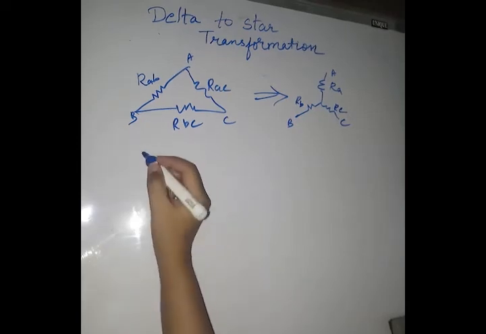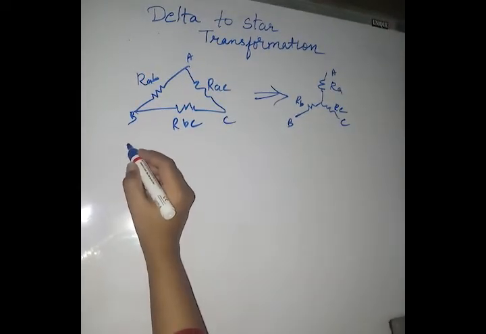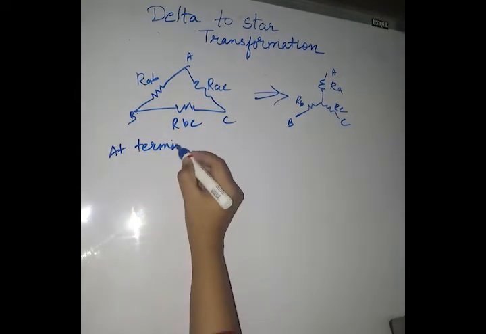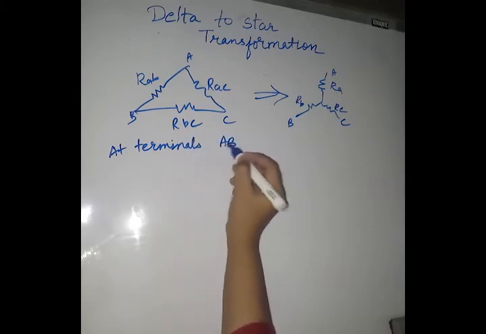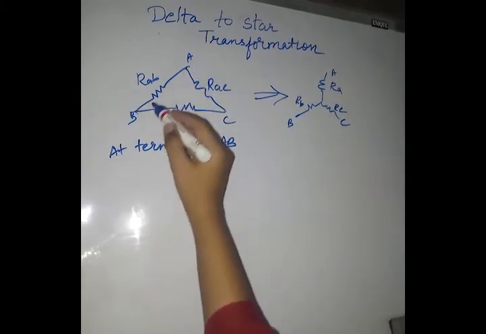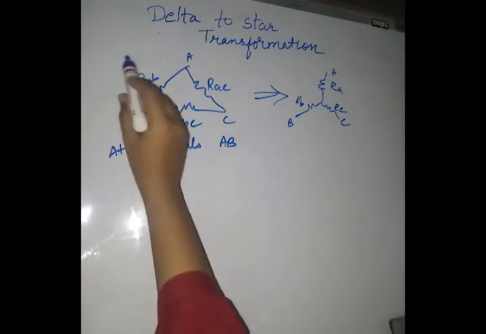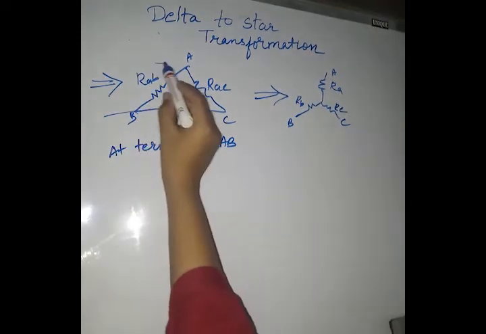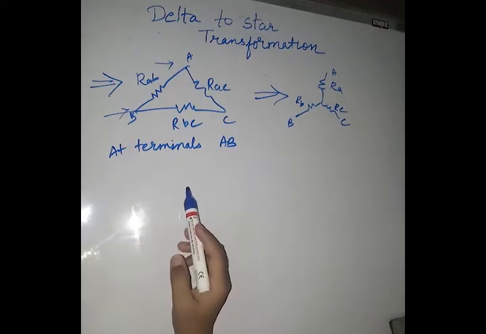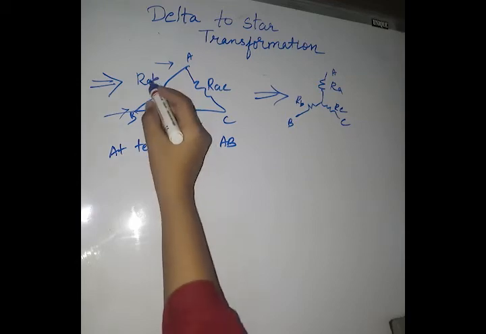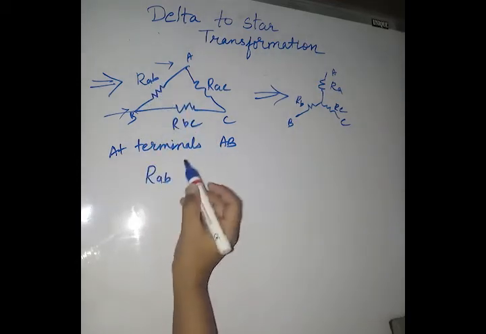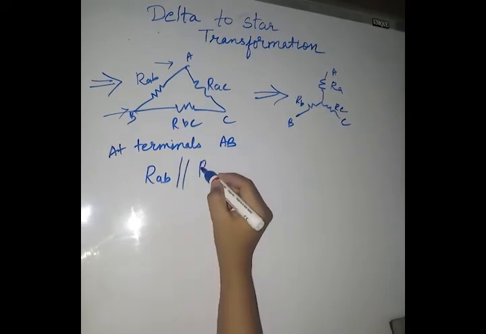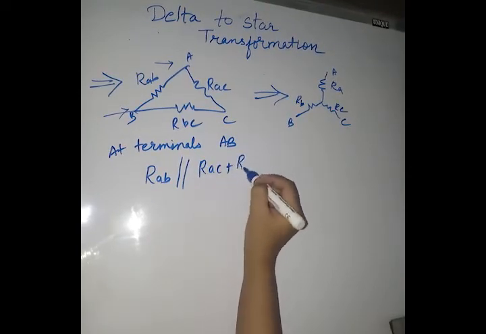So first at terminal AB, that is this terminal AB. So if we see from terminal AB, what we can observe is that this resistance RAB is parallel to RAC plus RBC, right?